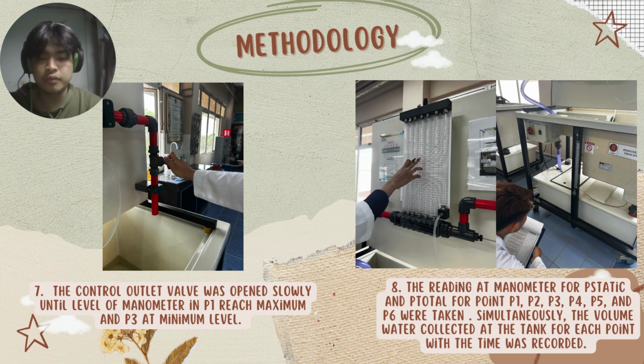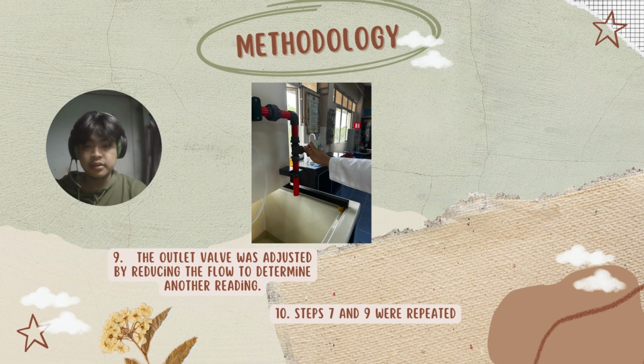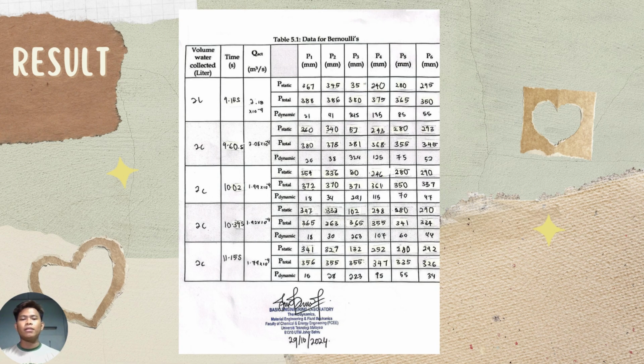Simultaneously, the volume of water collected at the tank for each point with the time was recorded. So step number 9, the outlet valve was adjusted by reducing the flow to determine another reading. And lastly, step 7 and step 9 were repeated. So this is the result that we get after the experiment.